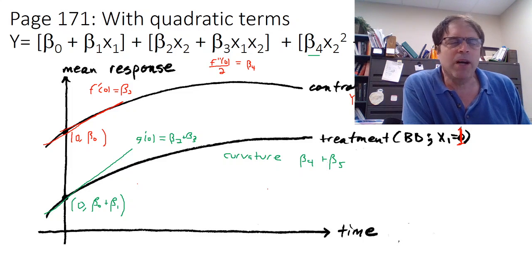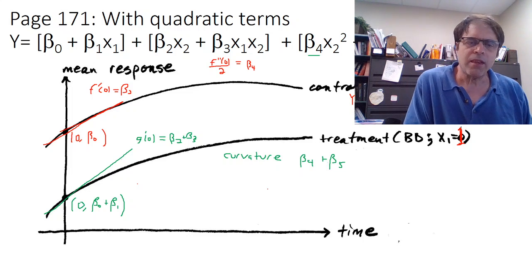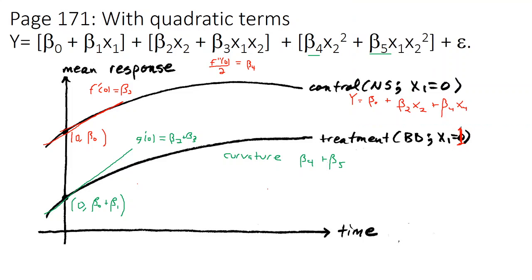So we talked about this particular model and whether or not we need these adjustments, beta 3 or beta 5 for the interaction terms. There might be some difference between the two, but we want to know if they have the same shape or not. And if they do, then maybe we don't need those interaction terms for our model.